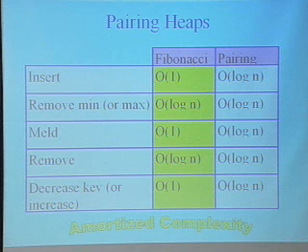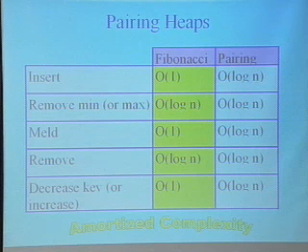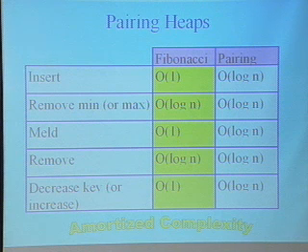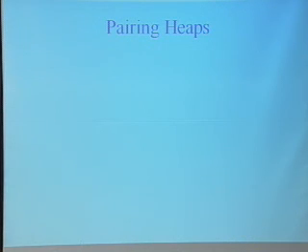So working with large graphs, it just turns out that because of the simplicity of the pairing heap, even though the asymptotic bounds on amortized complexity are not as good, it happens to give better performance. Okay. So something to keep in mind, analysis has limitations. Okay. So let's take a look at the pairing heap.